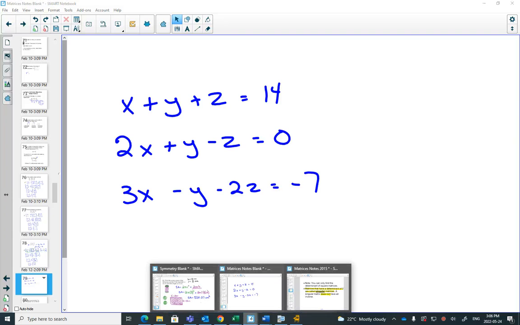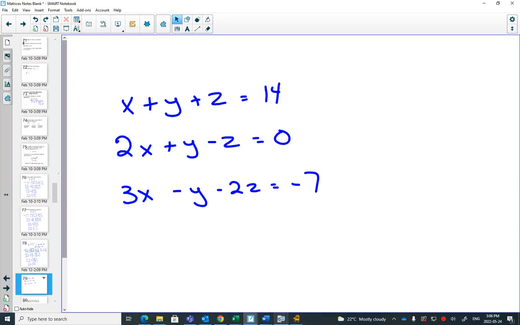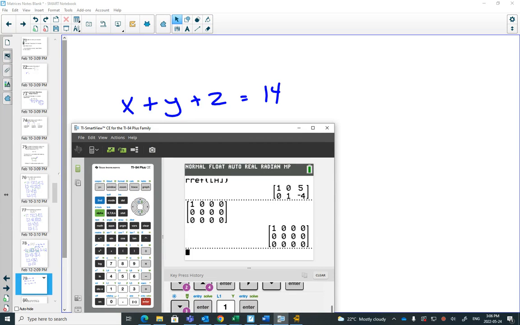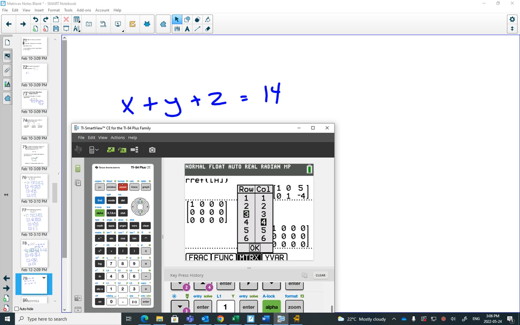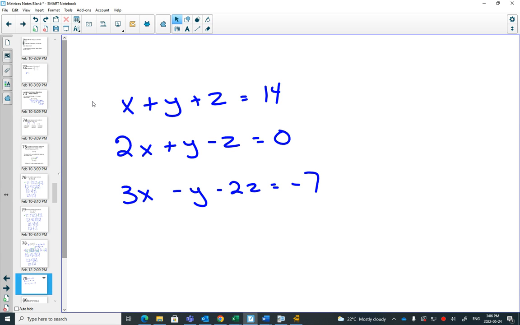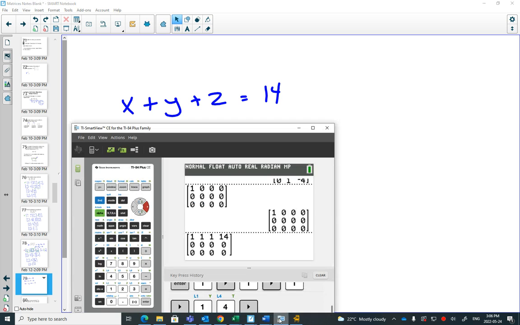But what we have here, so we can go to our calculator. We had 1, 1, 1 and that was 14. And then the next one was 2, 1, -1.